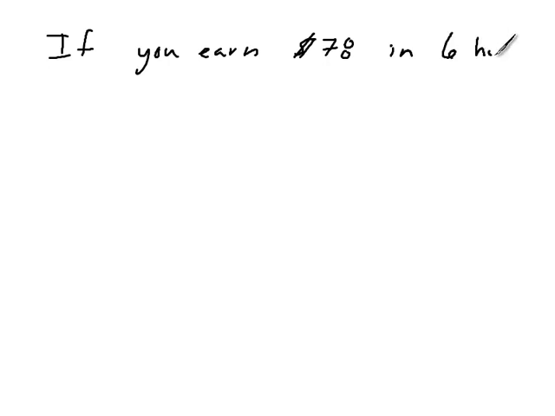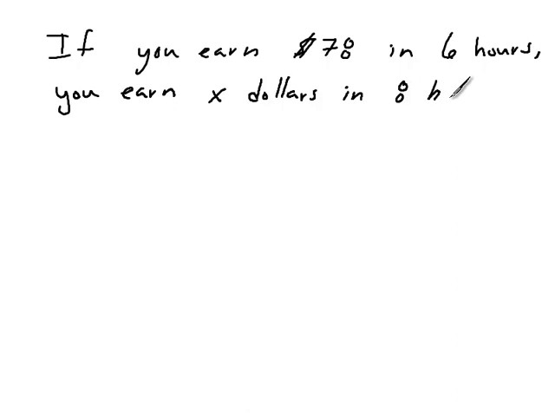Okay, number 27 on page 470 says if you earn $78 in 6 hours, you earn X dollars in 8 hours. So you're supposed to solve for X by using a proportion.